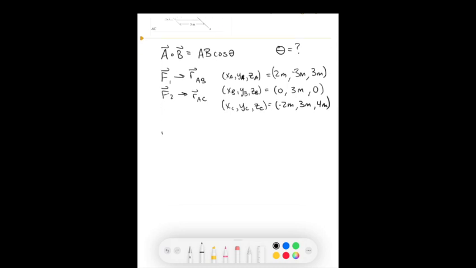Okay, so we want to find the directional vector from point A to point B. So we go from B minus A, YB minus YA, and ZB minus ZA. Just plug in our values.